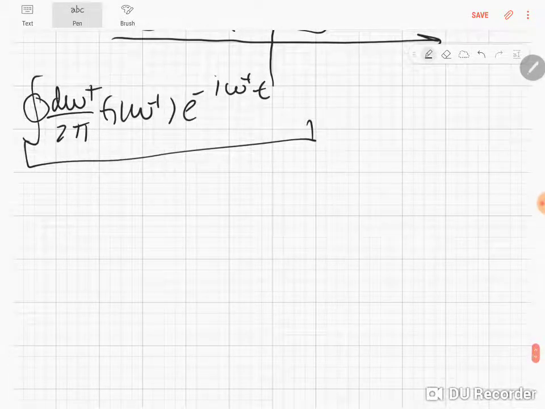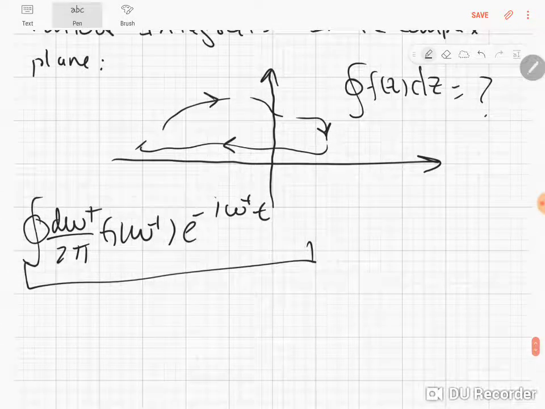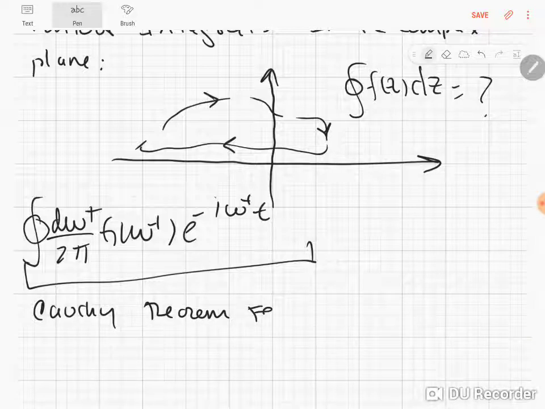Now in this case we're going to recall the Cauchy theorem for complex integrals.